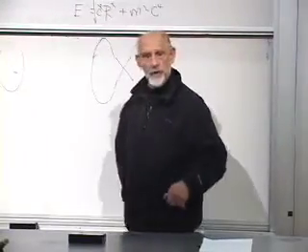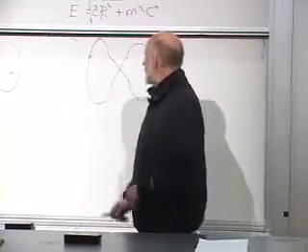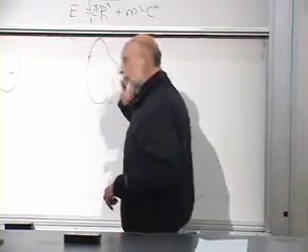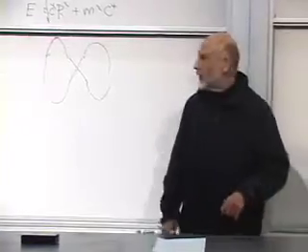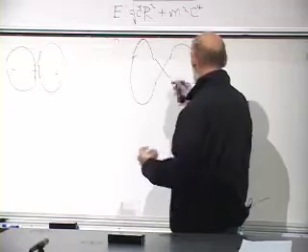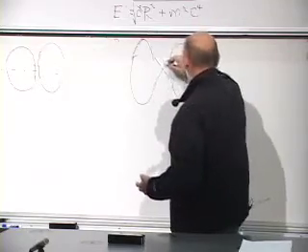What happens if they're fermions? If they're fermions, we get a minus sign. If they're bosons, we get a plus sign from here. We've managed to go from 2 loops to 1 loop. This is just 1 loop now.